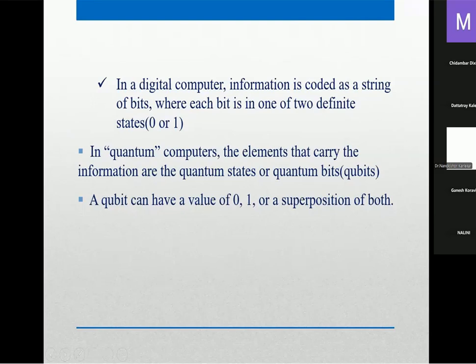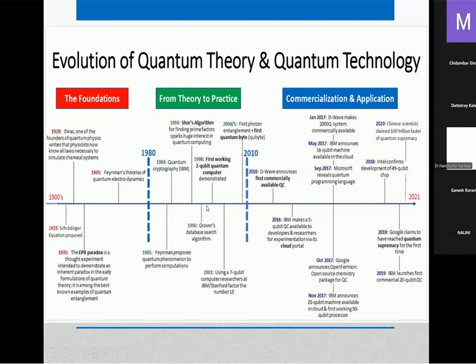As we already discussed, 0 or 1. In a classical computer, we have only on or off. In a quantum computer, the elements that carry the information are quantum states or quantum bits, called qubits. A qubit can have value 0, 1 or superposition of both. I will repeat this: a qubit can have value 0, 1 or superposition of both, not a single one. Again, it is called entanglement.